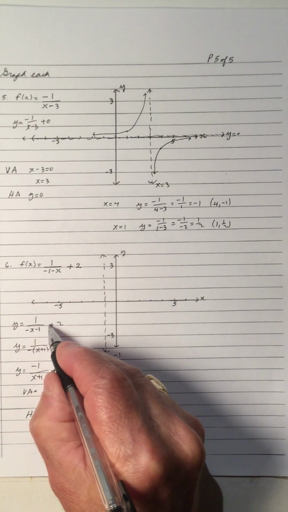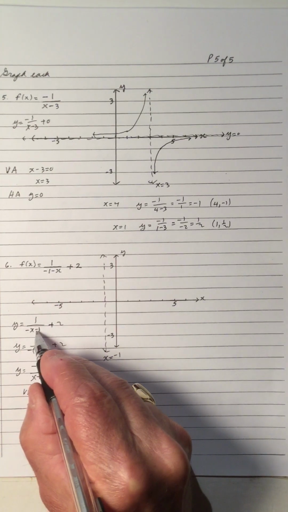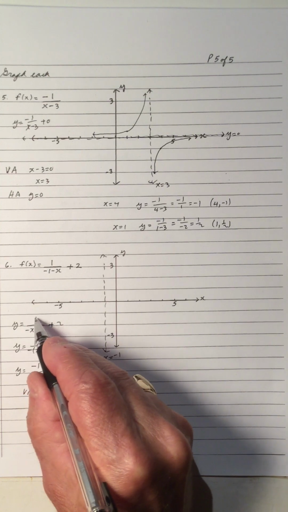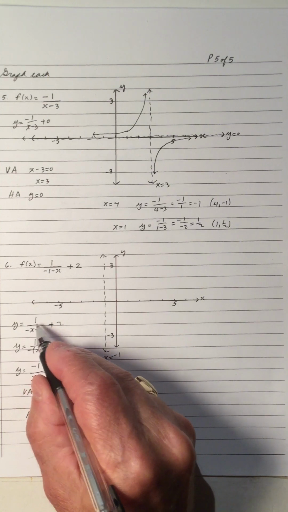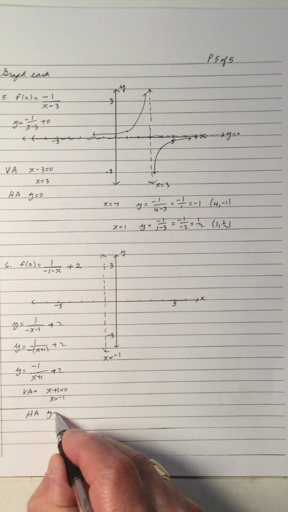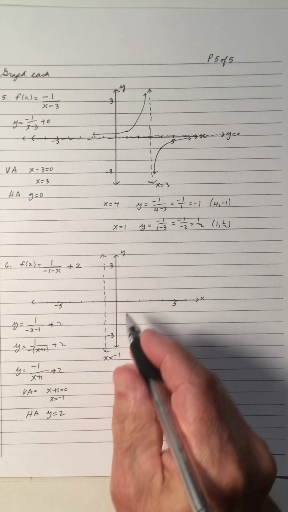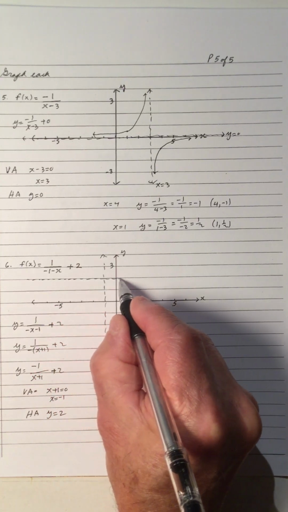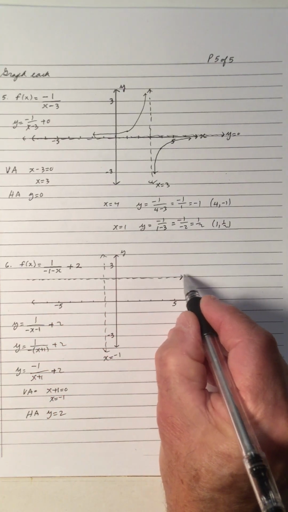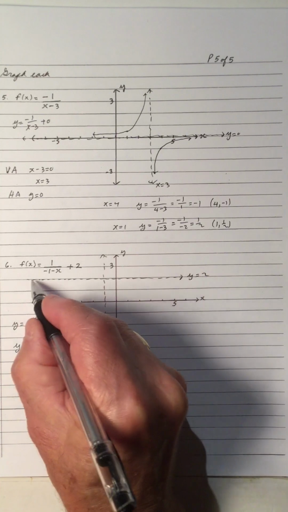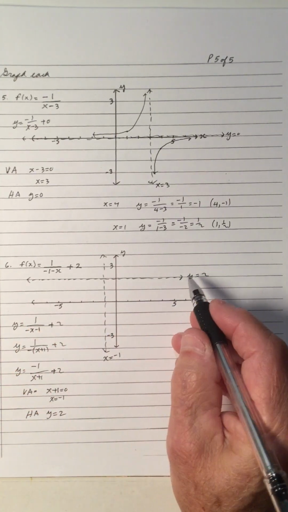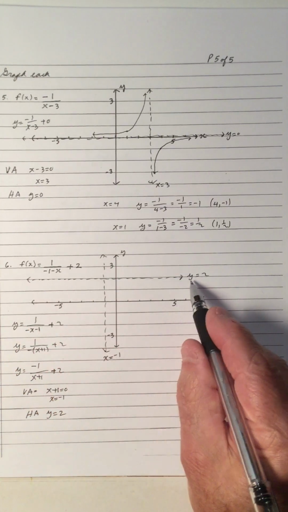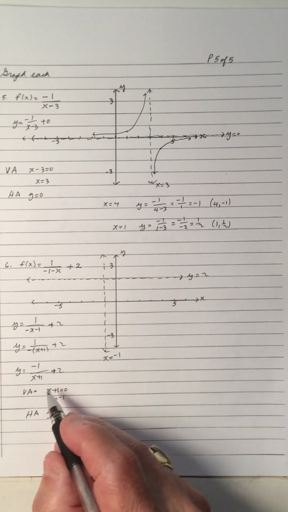And the horizontal asymptote, as x gets very, very large, the 1 over becomes very, very small, approaching 0, so y approaches 2. So y is 2, right here. So y equals 2. So we have a vertical asymptote and a horizontal asymptote, but one cut through.